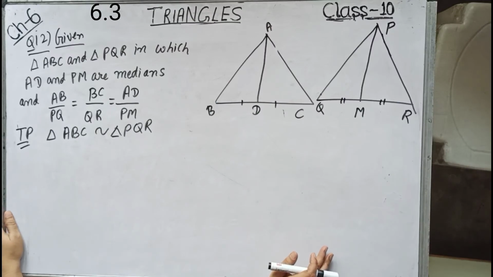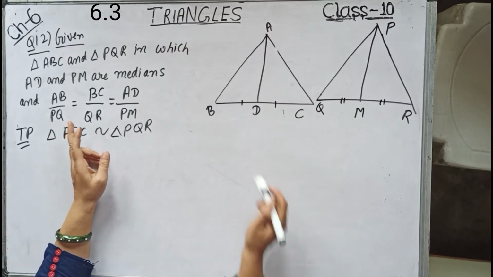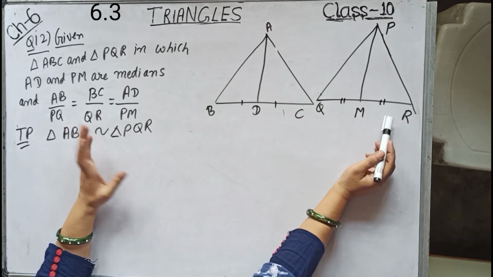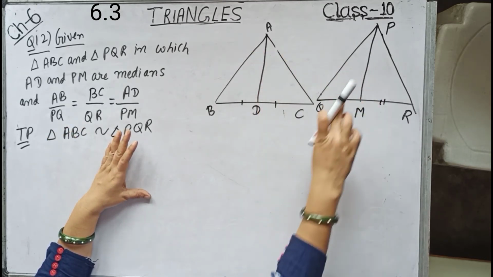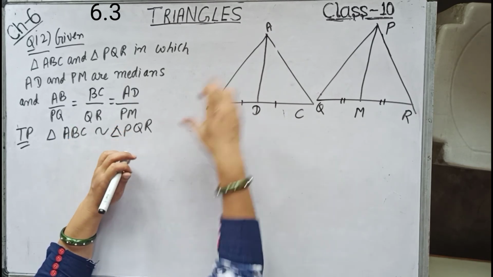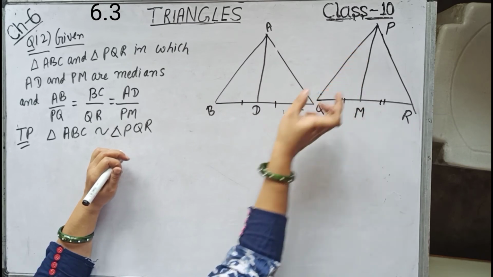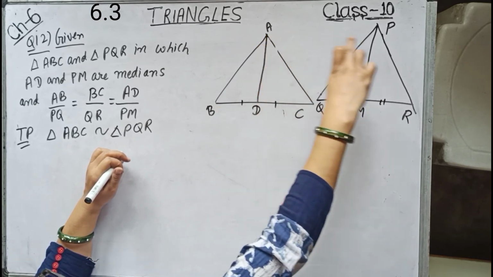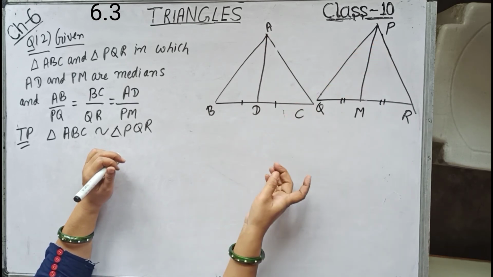Question number 12 says that triangle ABC and triangle PQR are such that AD and PM are the medians in these two triangles respectively. Also, AB by PQ equals BC by QR equals the median AD by median PM of the other triangle.